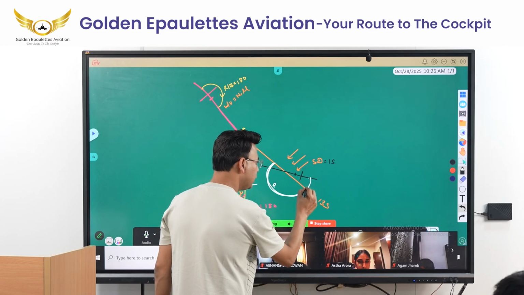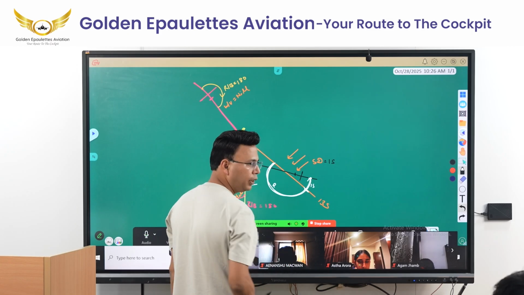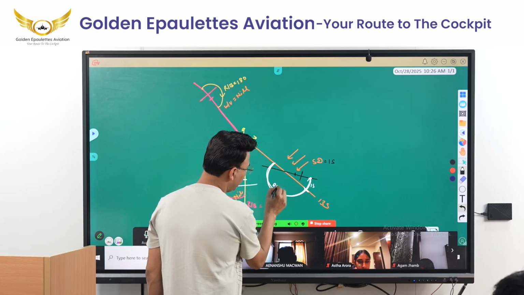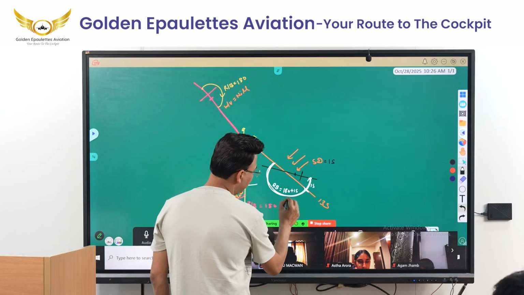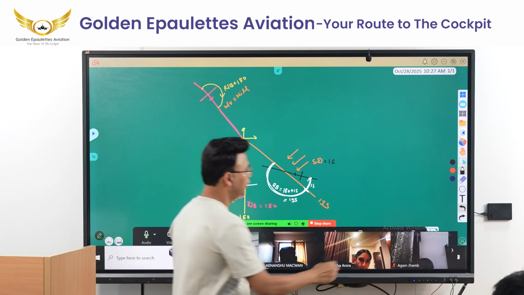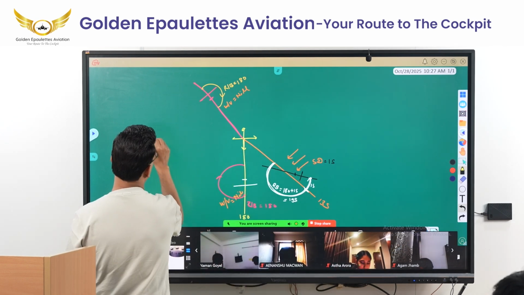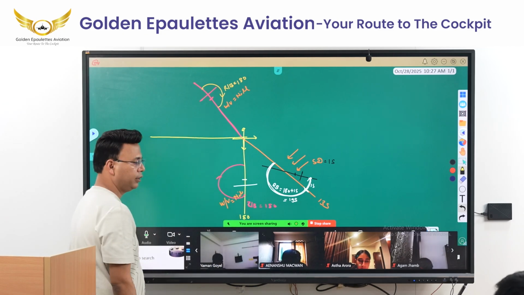How much is this between track and heading? That is drift, 15 degrees. So your relative bearing would be 180 plus 15, 195.